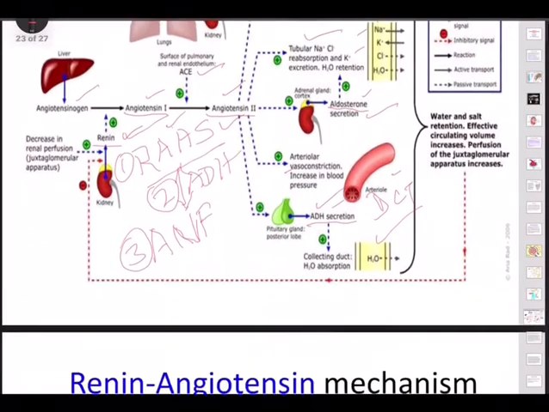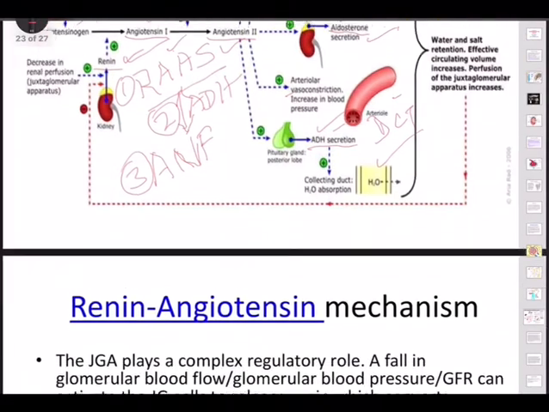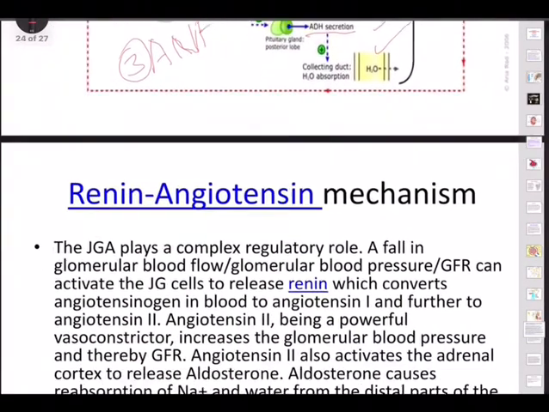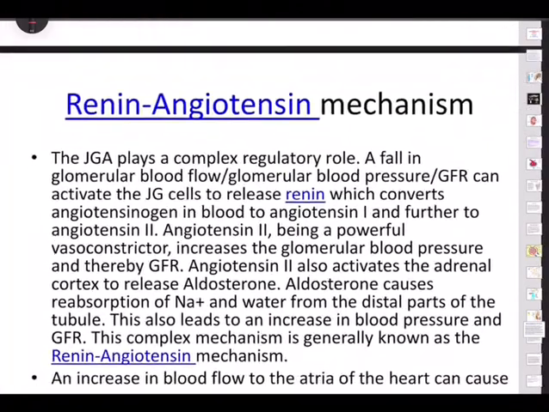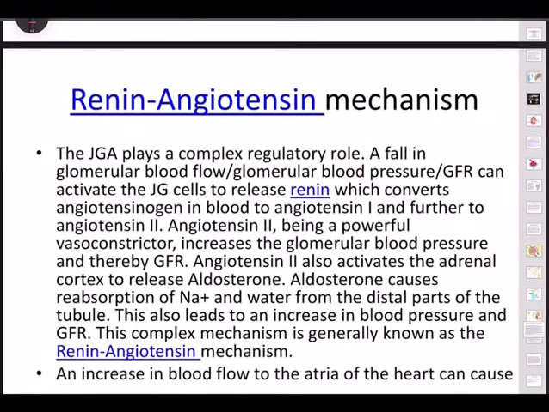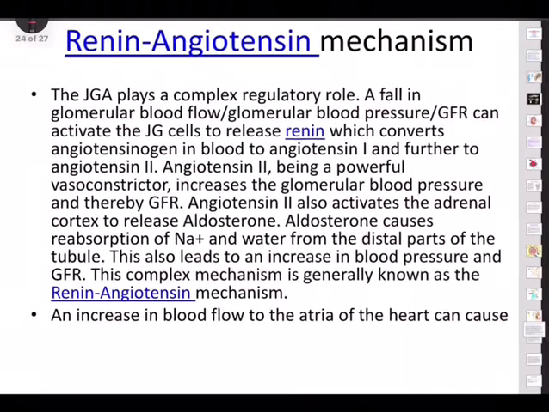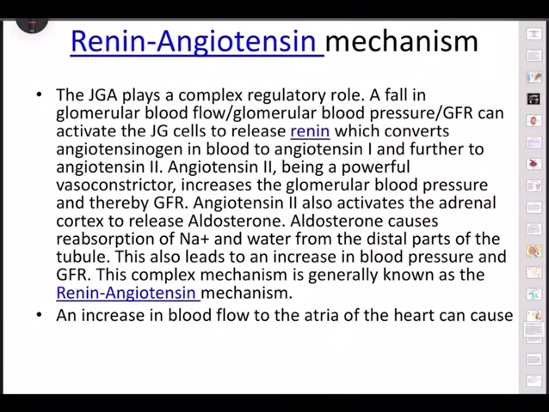So keeping that in our mind, there has to be regulation of blood pressure within the auricles and the arteries. So there is increased pressure and decreased pressure, and reabsorption of sodium and potassium. These are the crucial points that you must remember. So the renin angiotensin mechanism is all important in regulation of the kidney.